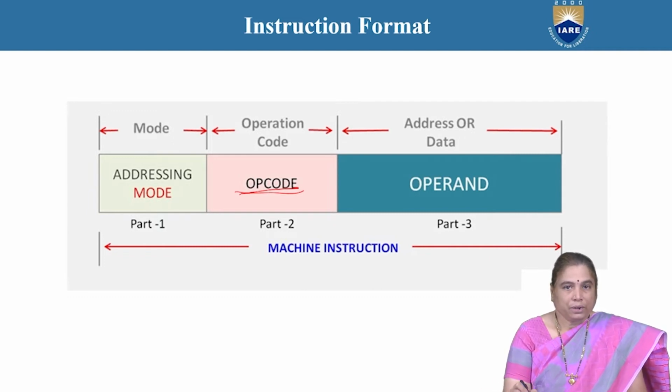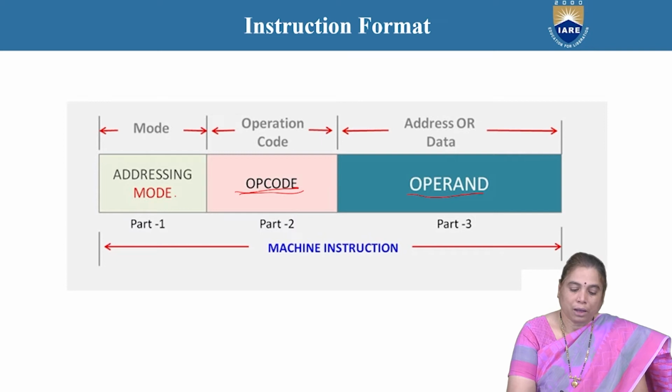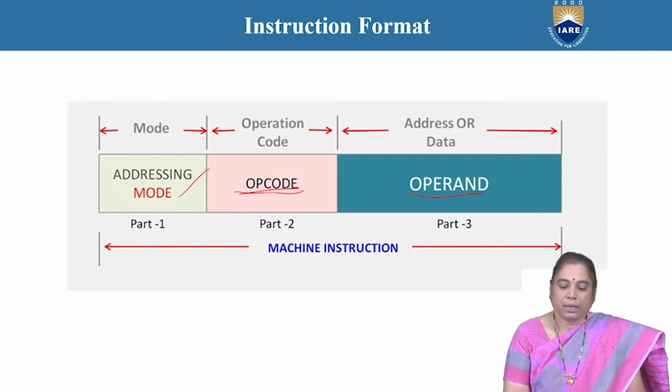Next, on which data this has to be performed, where the operand is located, has to be specified by the address. And here the mode of the address can be specified with the help of the last bit or the MSB of the instruction format. Here two modes are possible. One is direct addressing mode, second one is indirect addressing mode.